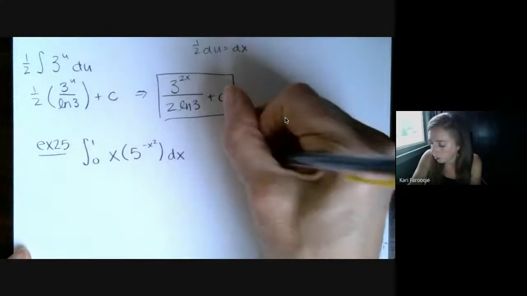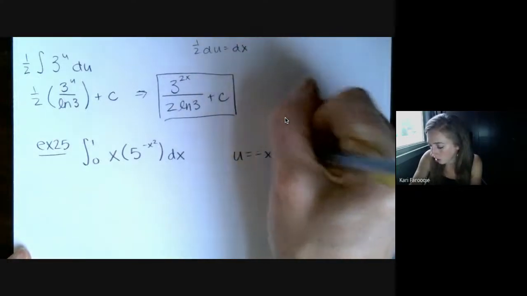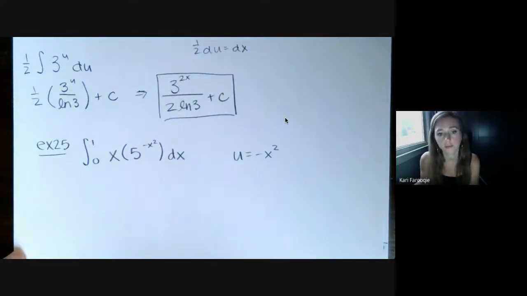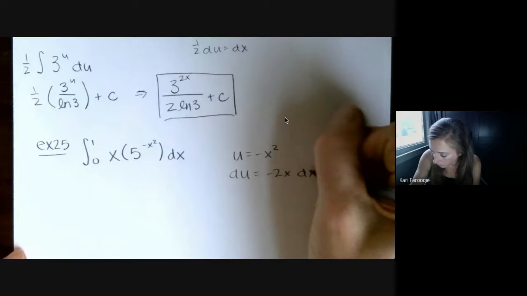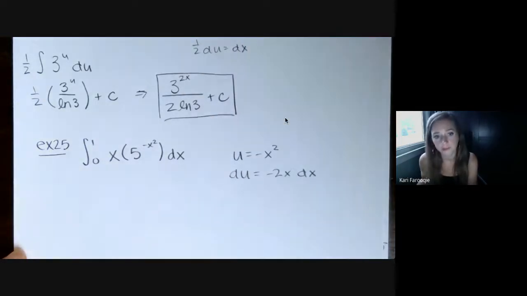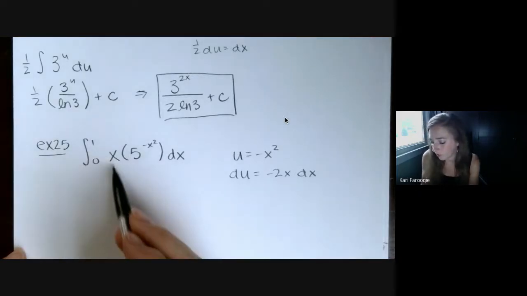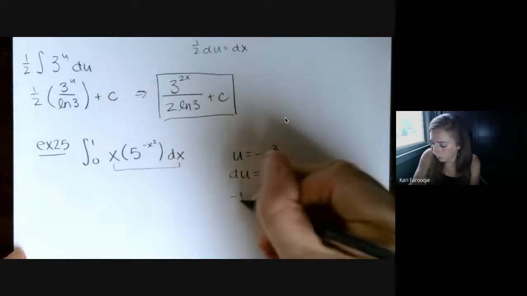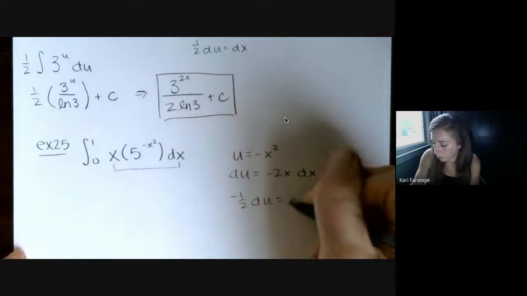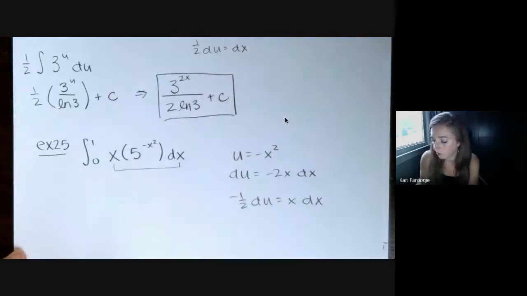So you're going to let u be the exponent, which in our case is negative x squared. And then du is going to be negative 2x dx. You don't have negative 2x dx, you just have x dx. So go ahead and divide out negative 2 on both sides to get x dx.